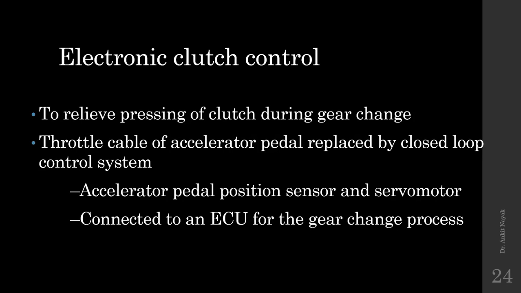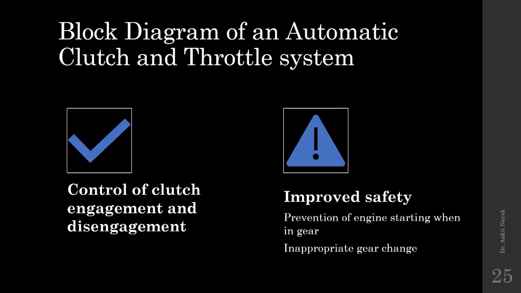So electronic clutch control is also a very new thing in order to develop the automated car. We have to design the electronic clutch control so that according to the speed, when the car changes the gear automatically, this clutch will work according to the engine requirement.